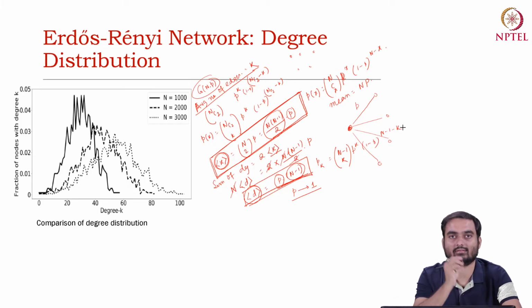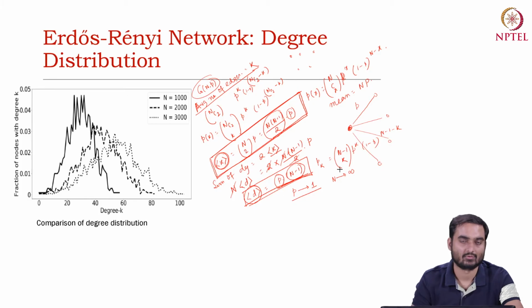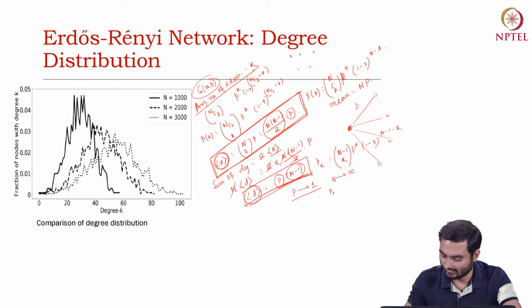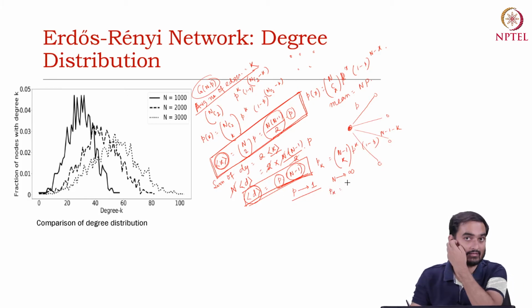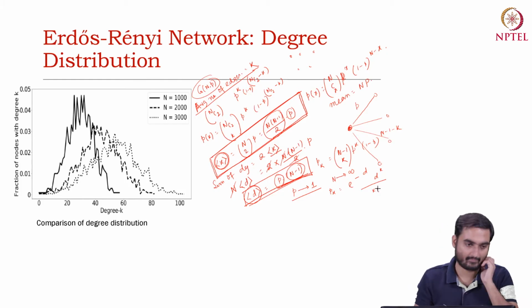Okay. So this is essentially the binomial distribution, and we also know that as n tends to infinity, P(k) starts behaving as a Poisson distribution, so e to the power minus |d|, |d| to the power k by factorial of k.